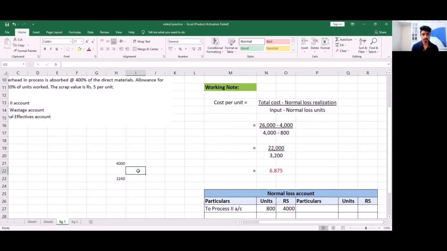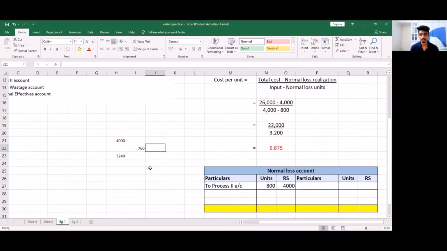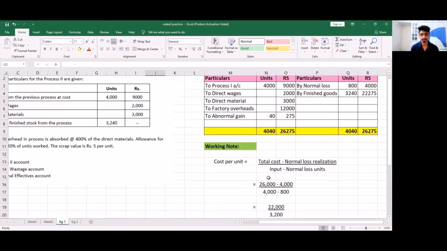Now the difference between these is our loss, right? Because we put in 4,000 units, we're coming out with 3,240. What didn't make it is our loss. So this difference is going to be 760. But what is the loss that we have mentioned in our account? It's 800.